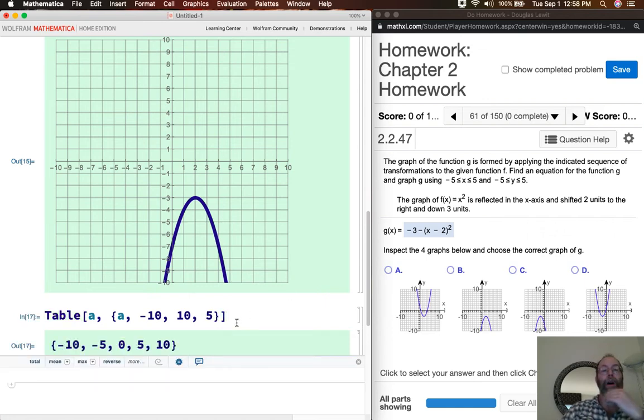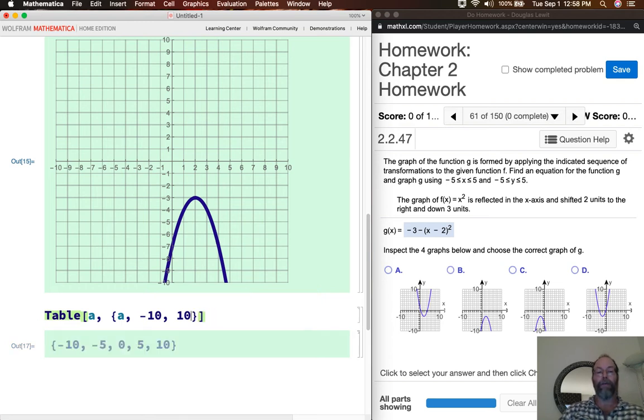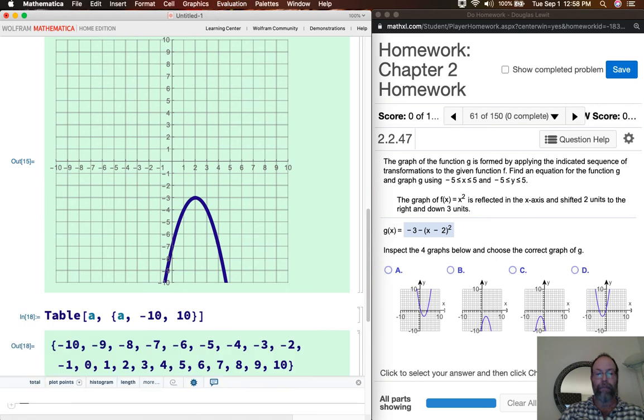So now my increment between successive values is 5: -10, -5, 0, 5, 10. And if I don't supply a step value or an increment, the default of 1 is chosen. So -10, -9, -8, -7, -6.